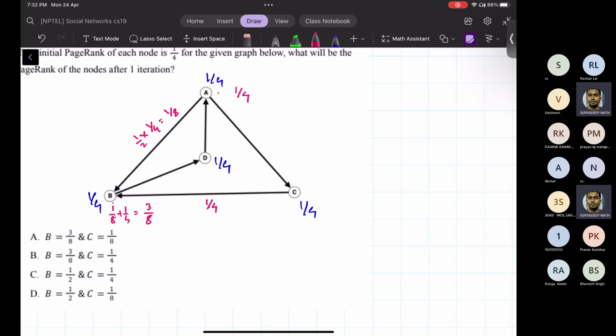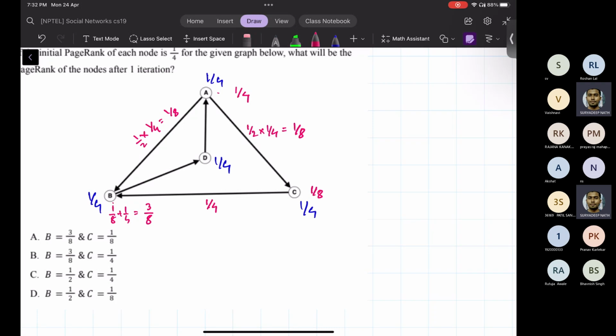For C, C receives half from A, that is 1 by 8, and it does not receive from anyone else. So C's page rank would be 1 over 8.